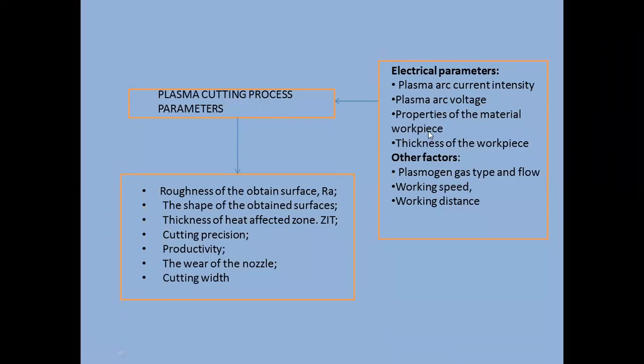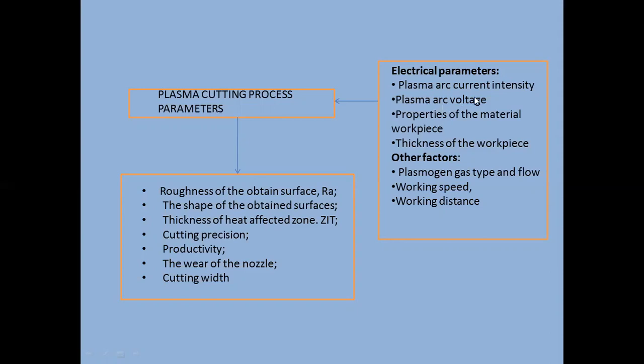Coming to inputs, what are those electrical parameters? By the plasma arc machining working principle, we come to know that power supply is the major factor that is influencing plasma cutting, right? Plasma arc cutting.